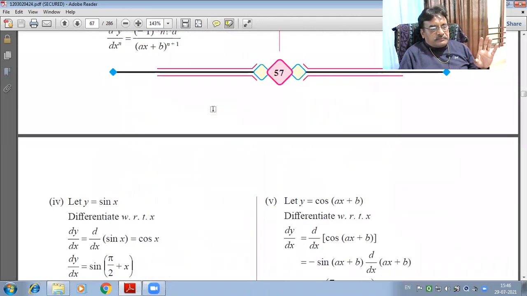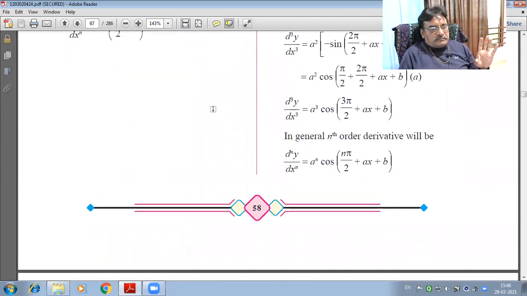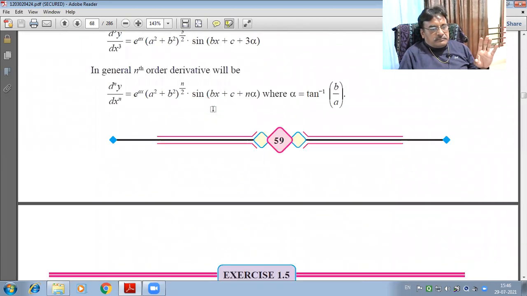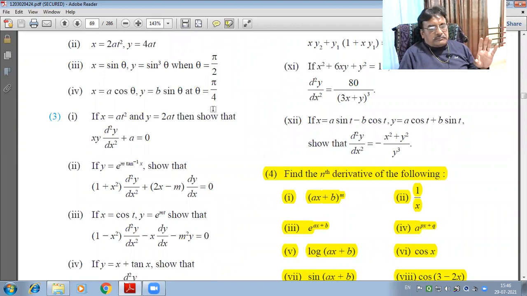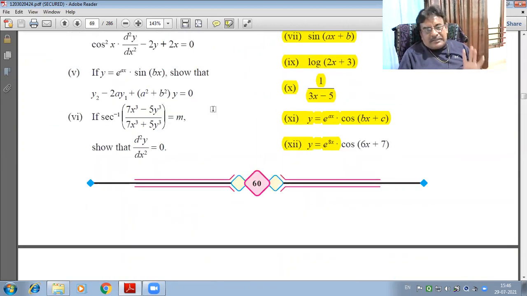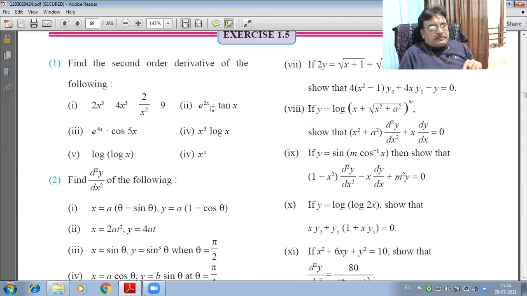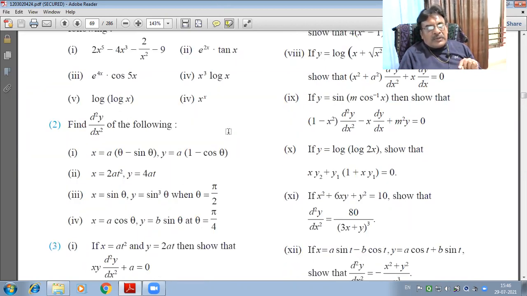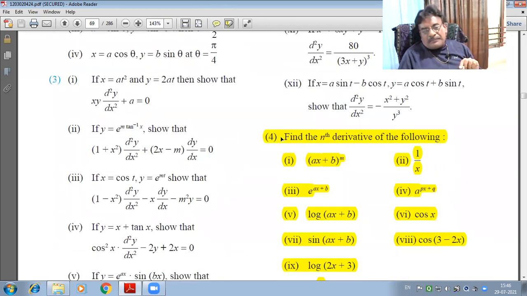Next, on page number 60, exercise 1.5, problem 4: find the nth derivative of the following.